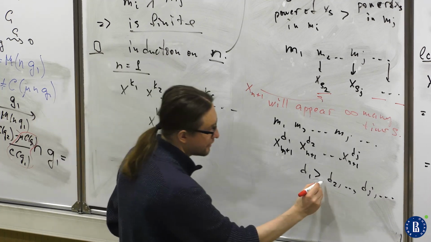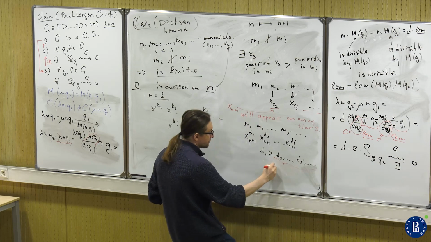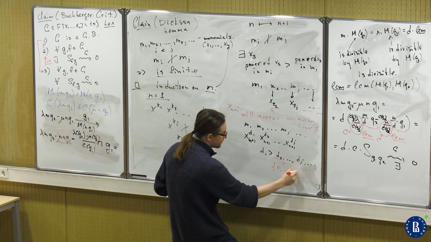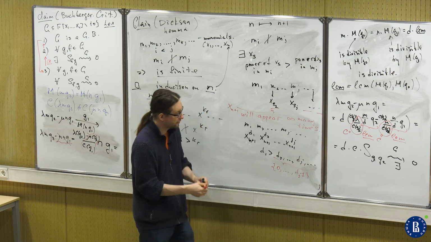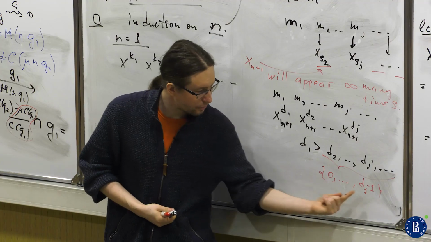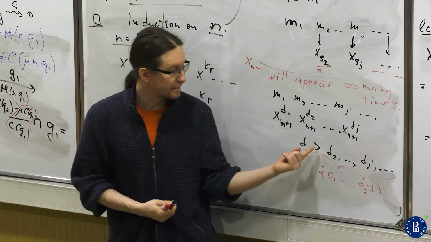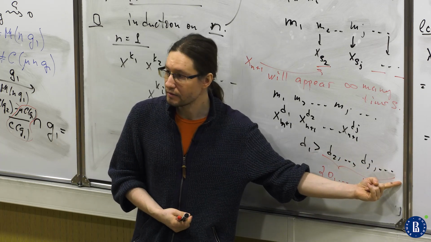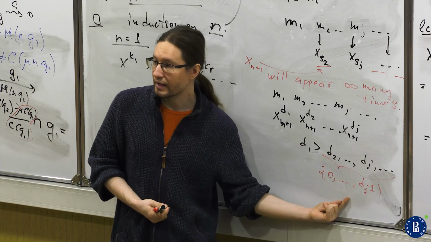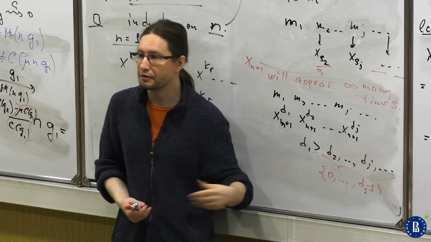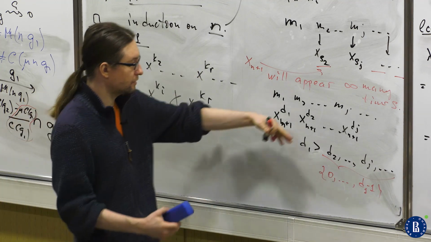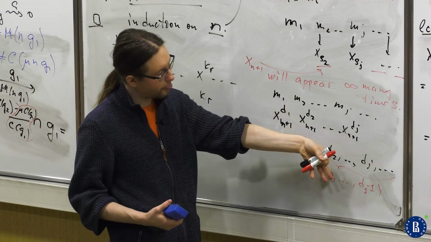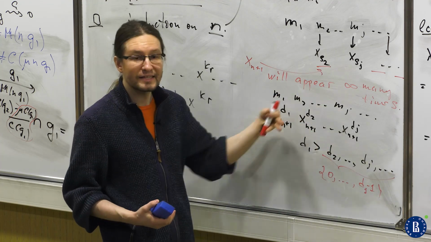So these guys may have values between 0 and d1 minus 1. Since this sequence is infinite, at least one of these numbers may appear here infinitely many times. So let's take this subsequence.